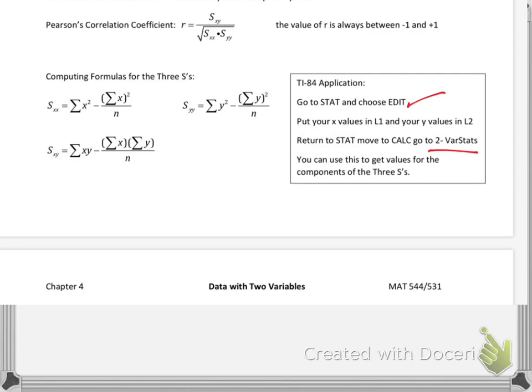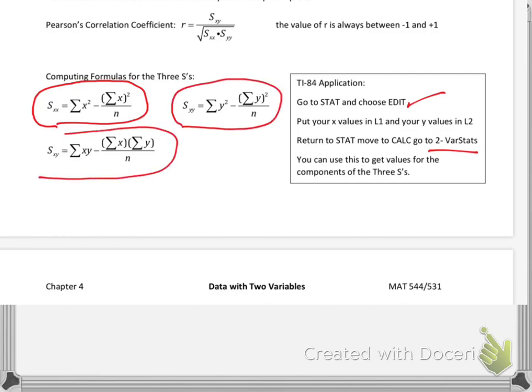So what are those components? Okay, these are the components. So you could do this by hand. All right, those are the components. So if you look at your stats, you will see the sum of x squared. You will see the sum of x, which you can then square. You will see an n. You will see the sum of y squared.